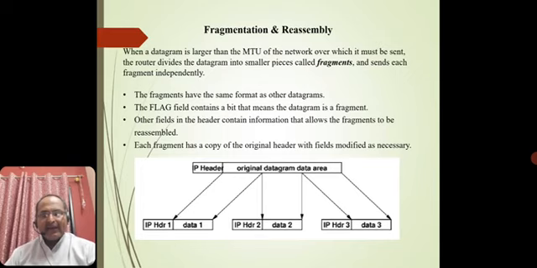When a datagram is larger than the MTU, the maximum transmission unit of the network over which it must be sent, the router divides the datagram into smaller pieces called fragments, because it has to cope.